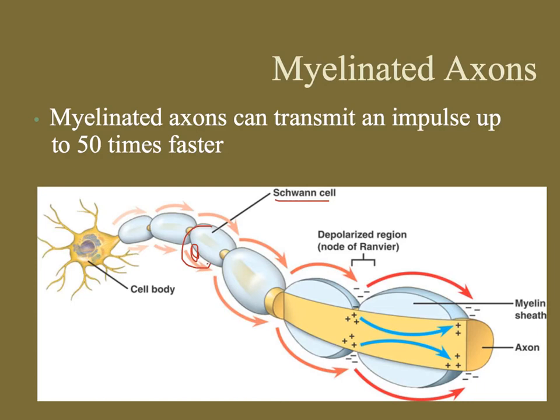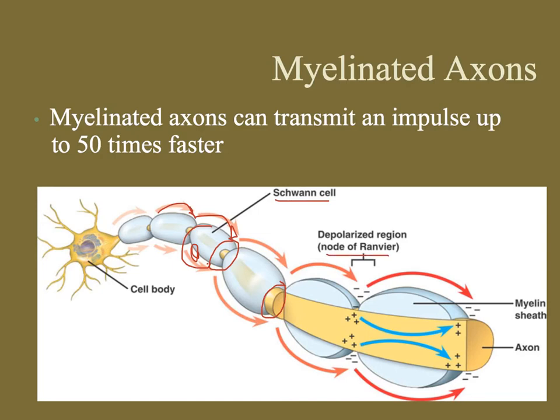But this stylized diagram is showing you a number of Schwann cells, one after the other along the axon, and it's showing how the nervous impulse is going to be able to jump from the spaces in between. So the change in electrical potential only happens on these little tiny spaces in between the Schwann cells. And these spaces are called the nodes of Ranvier.